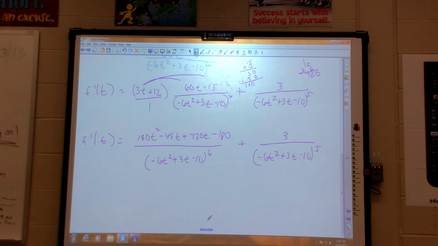Oh, but they're just so close. In fact, those denominators are only off by 1 power, right? So, boy, that makes it easy to find a common denominator. Okay, so I have this first part, which is 180t squared. Let's go ahead and combine like terms. 720, you can go off the side if you need to. Subtract 45.